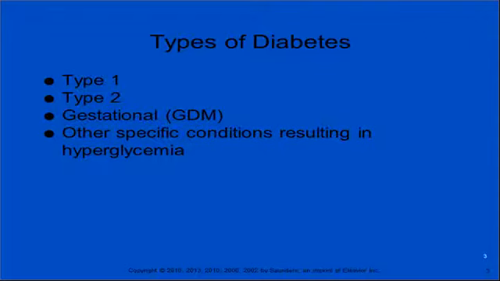Again, obesity, at least 20% or more of the ideal body weight. African Americans and Hispanics are at higher risk. Hypertension and high lipid levels also put you at higher risk for type 2 as well.